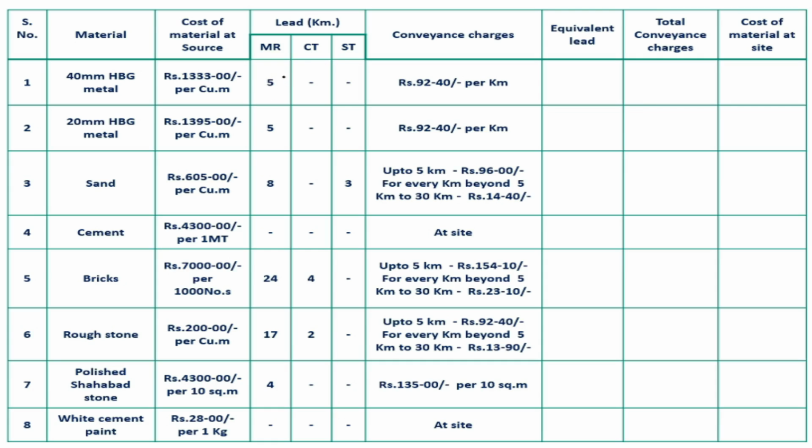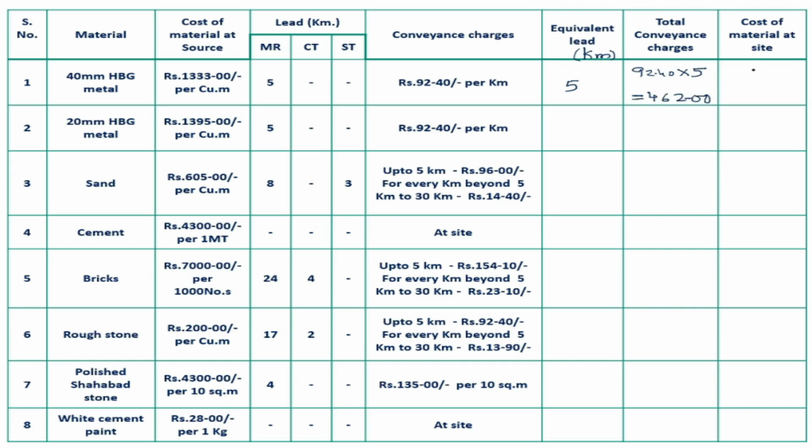So it is taken in a metal road, and this equivalent lead is as it is 5 kilometers, and conveyance charge is 92 rupees 40 paisa per kilometer into 5 kilometers, which is equal to 462 rupees.